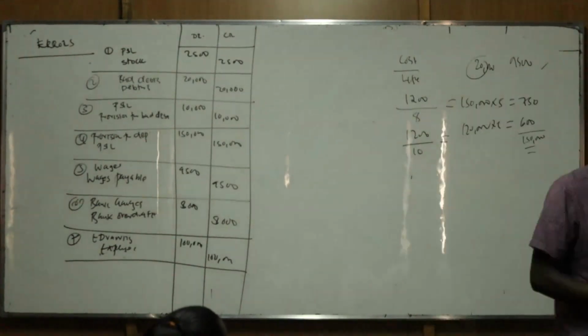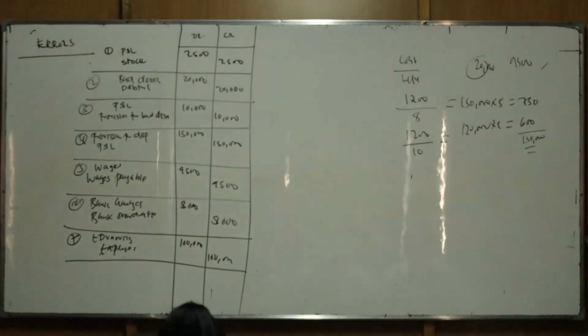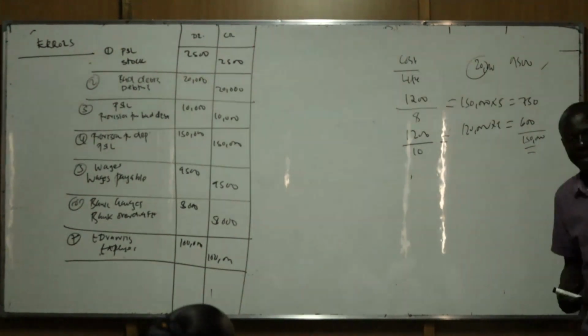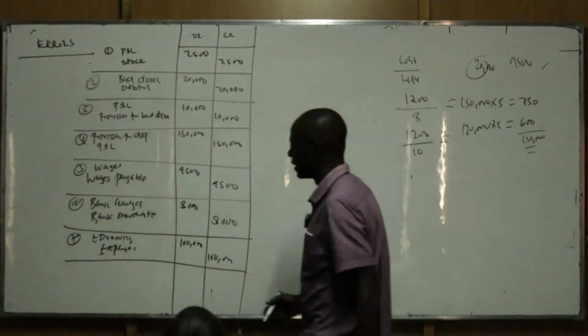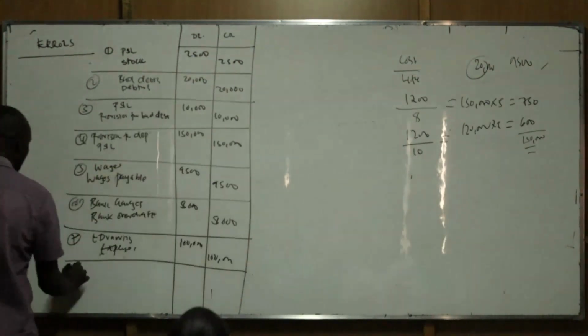When there is rent owing, how do you record it? Anyone who can attempt? There's an amount that you're supposed to receive on rent, but it's not yet received by the close of the business or the close of the year. What do you debit? Accrued rent income, isn't it?